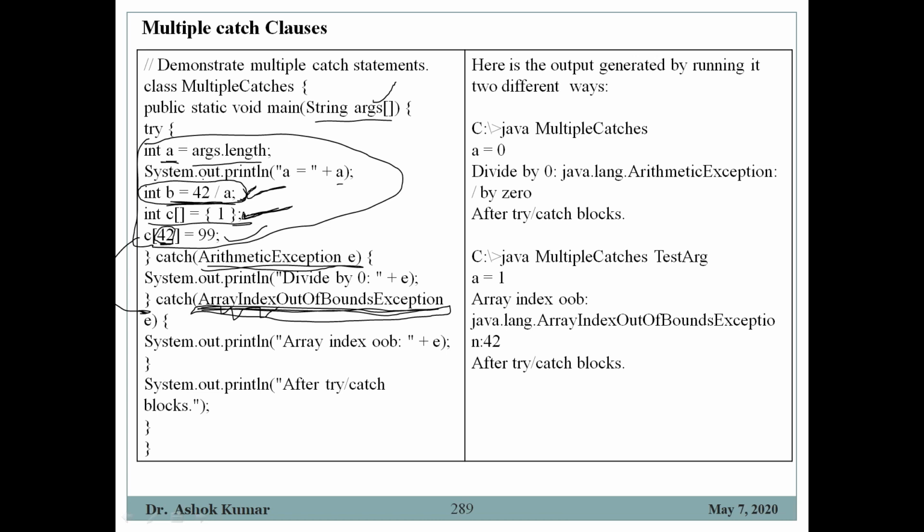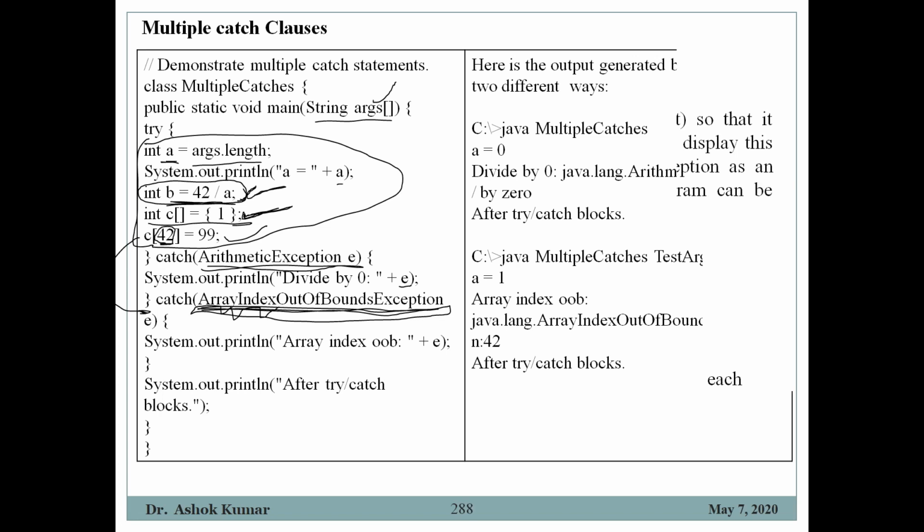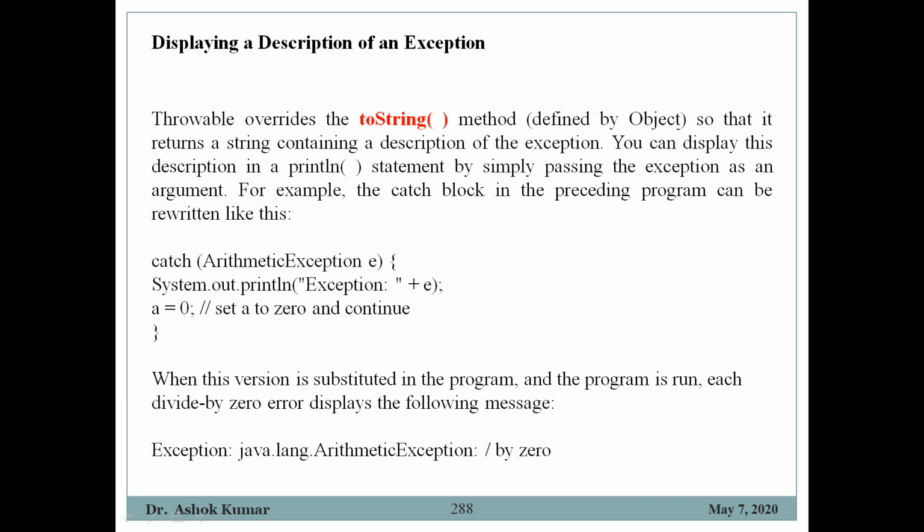So if we look at this, if we don't pass any argument, then this is creating the exception, and in that case you will get the error message divided by 0 and then the value of e, that we discussed earlier. Then you will get this message: java.lang.ArithmeticException divided by 0.